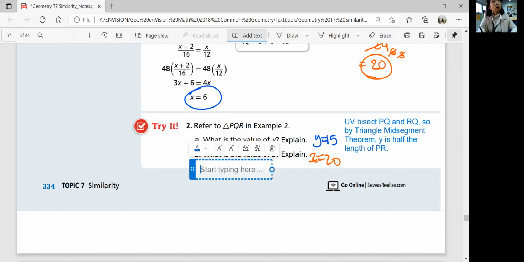Explain your reasoning. So what did we say? Triangles QST and QPR are similar.